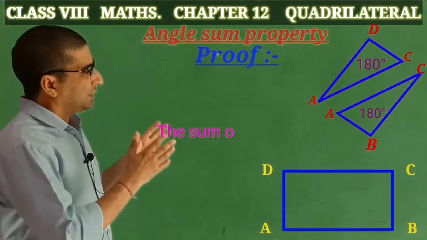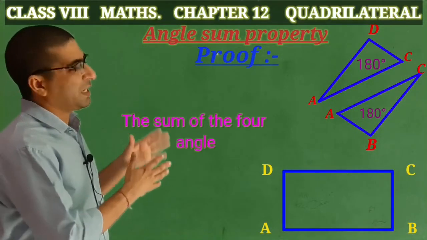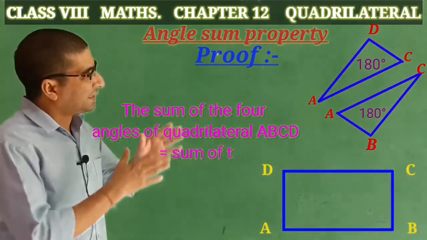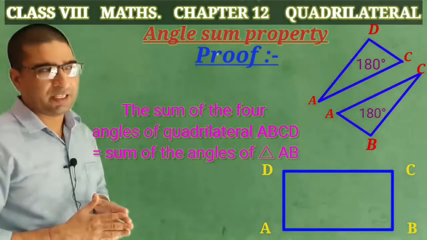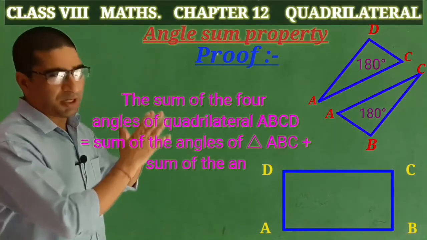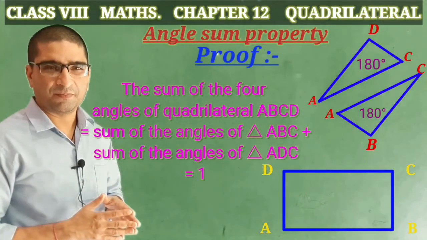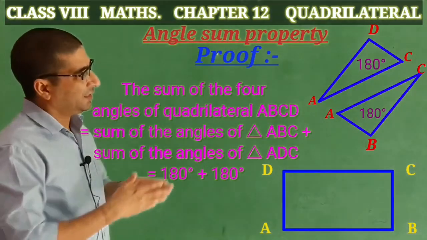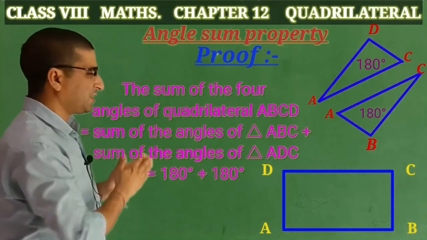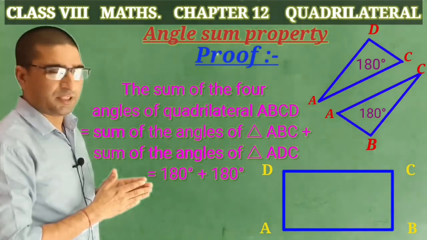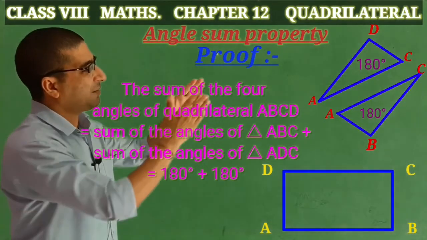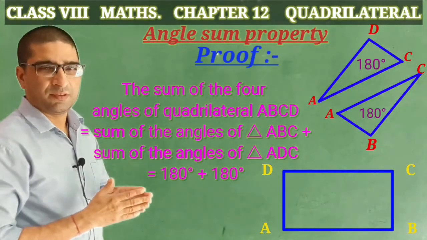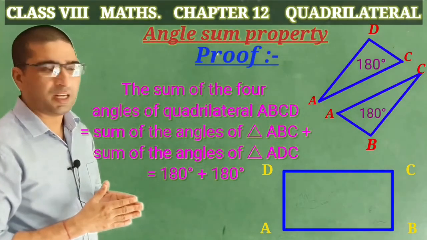Now, the sum of the 4 angles of quadrilateral ABCD is equal to the sum of the angles of triangle ABC plus the sum of the angles of triangle ADC. The sum of the angles of triangle ABC is 180 degrees, so you place that in place of the sum of the angles of triangle ABC. Similarly, the sum of the angles of ADC is 180 degrees, and you place that in place of the sum of the angles of triangle ADC.